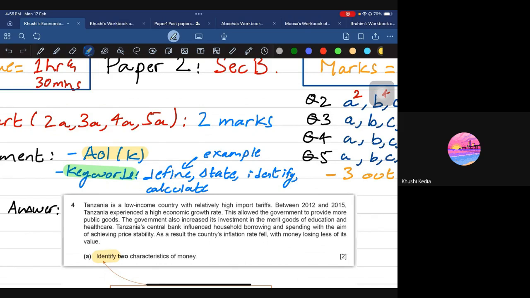Like first point, they mark it as one, then they mark it as two. The examiner has not said anything regarding it, but that is something which is not preferred. So it means that you should avoid doing it, isn't it?